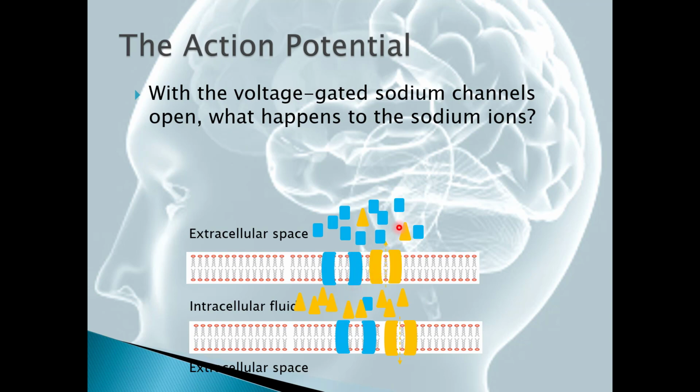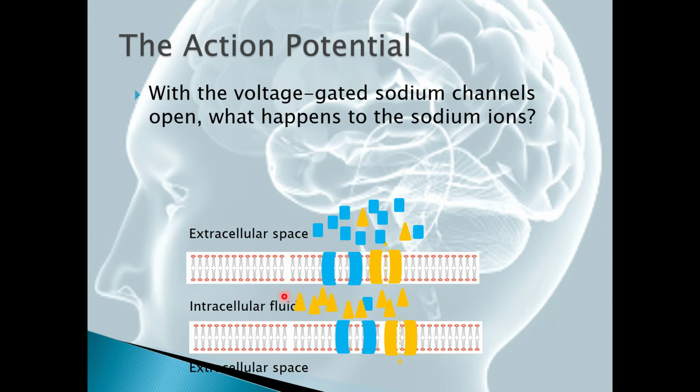So remember, at rest, we had all of these sodium ions highly concentrated on the outside, some on the inside, but potassium more highly concentrated on the inside. So with the voltage-gated sodium channels open, where are the sodium ions going to go? Remember, we had a concentration gradient because we have more sodium on the outside and less on the inside that wants to pull that sodium in.